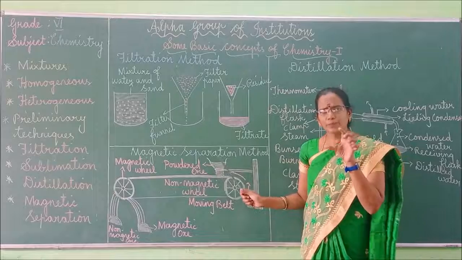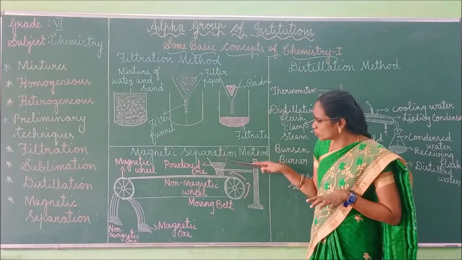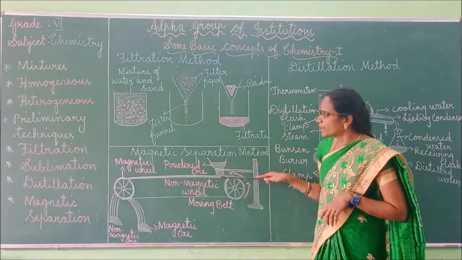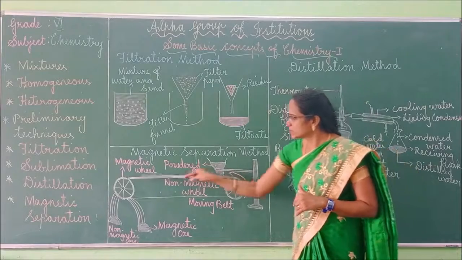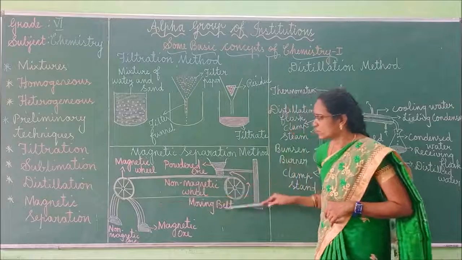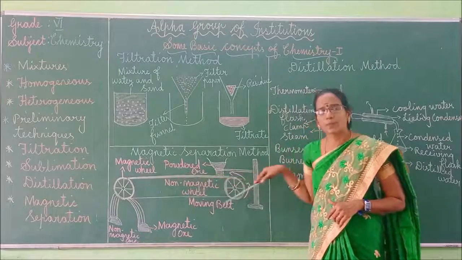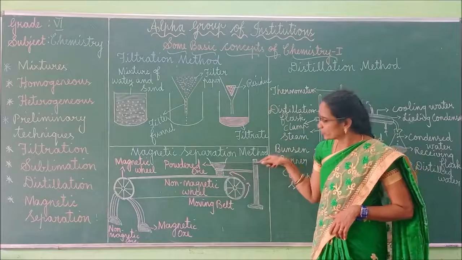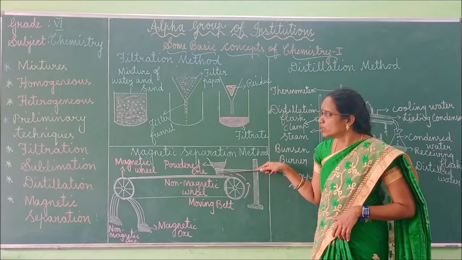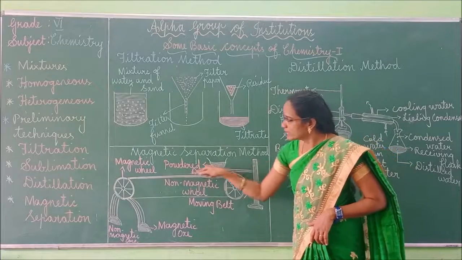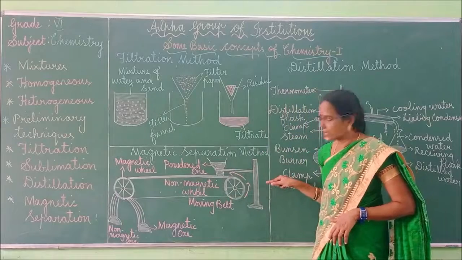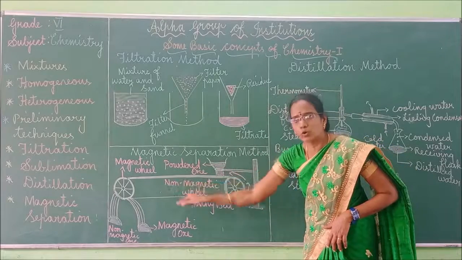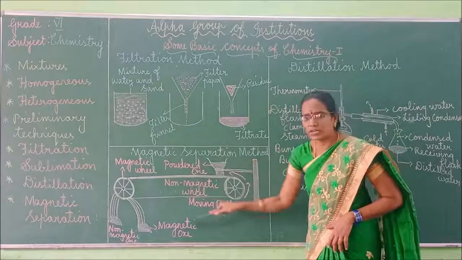If you put the powdered ore through this, all the ore particles will move like this, since this wheel is magnetic. Because this is a wheel, it will rotate in this manner. Ore contains both magnetic as well as non-magnetic particles.